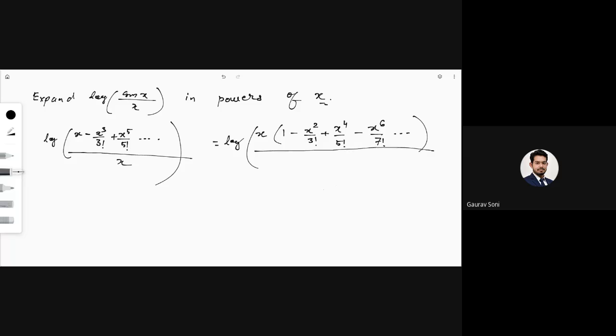You have denominator x, so this x gets cancelled out. What we have is log of 1 plus, in bracket, minus x square by 3 factorial plus x raised to 4 by 5 factorial minus x raised to 6 upon 7 factorial, and so on.